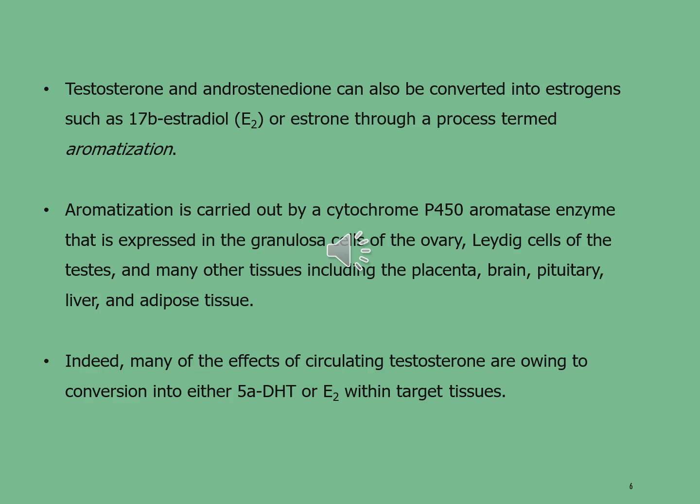Aromatization is carried out by a cytochrome P450 aromatase enzyme that is expressed in the granulosa cells of the ovary, Leydig cells of the testes, and many other tissues including the placenta, brain, pituitary glands, liver, and adipose tissues. Indeed, many of the effects of circulating testosterone are owing to conversion into either 5-alpha dihydrotestosterone or E2 within the target tissues.